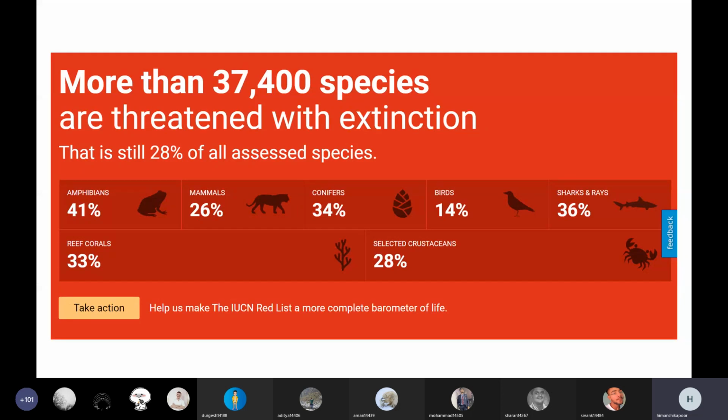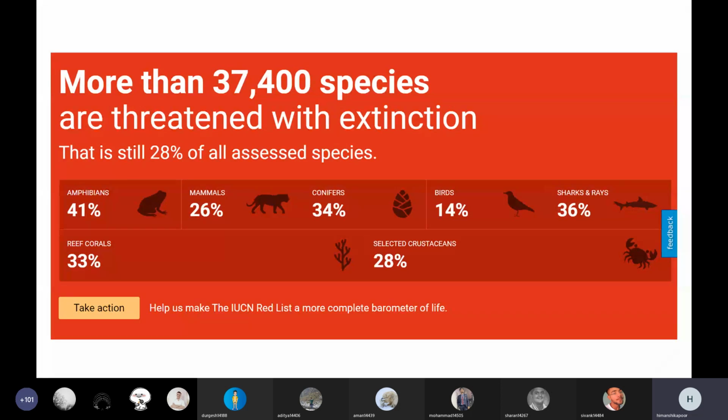We also have conifers, which are plants, the trees restricted to the coniferous forest. We have pine trees. So these are all under the category of conifers. So not only animals, but plant species are also threatened. Then birds are threatened, sharks are threatened, and we also have coral reefs which are threatened.